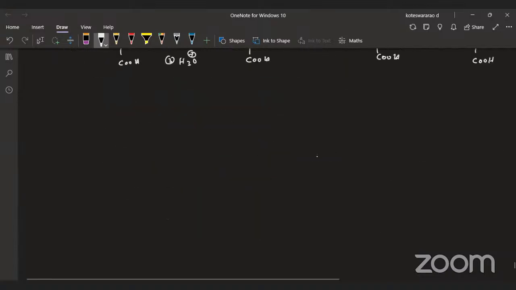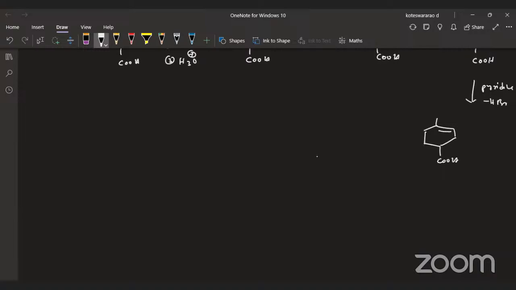Then this product is treated with pyridine, which simply eliminates the HBr. Then it leads to the formation of the more substituted olefin. There is a chance that this product is also possible.